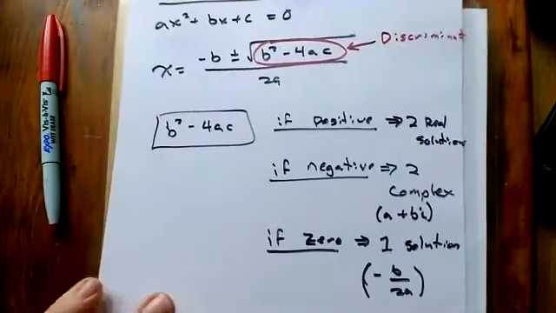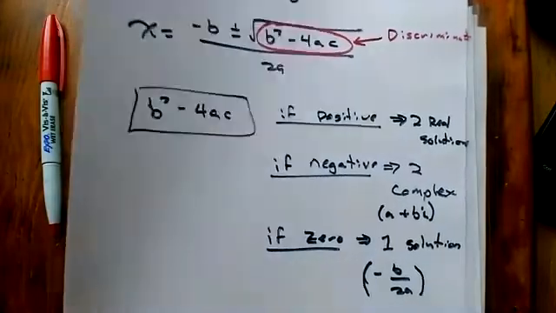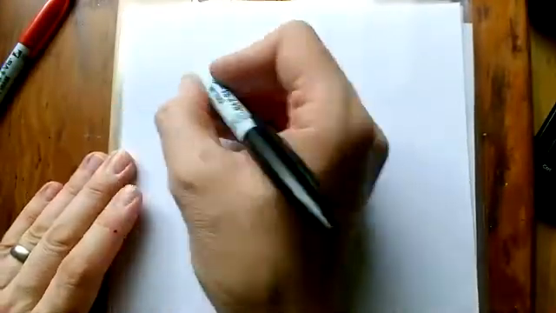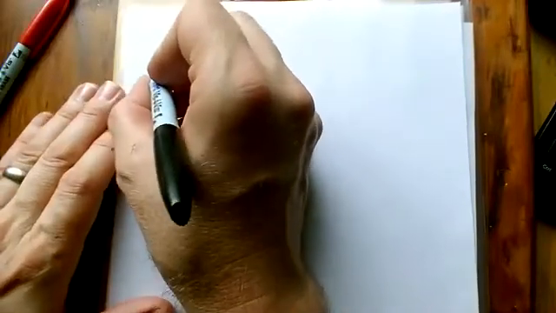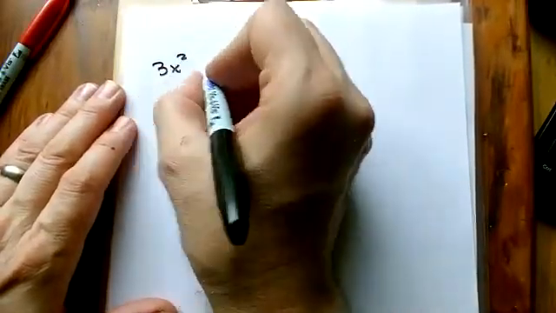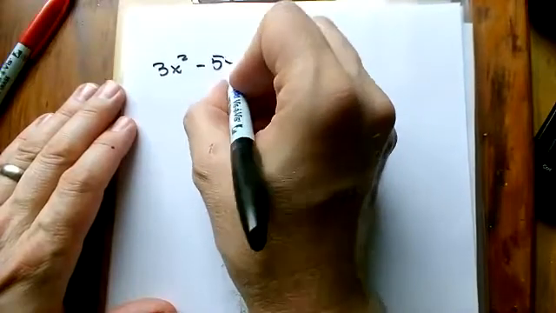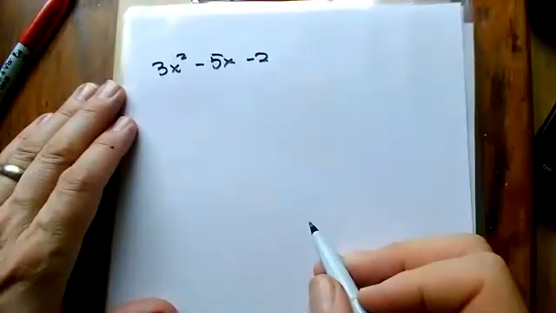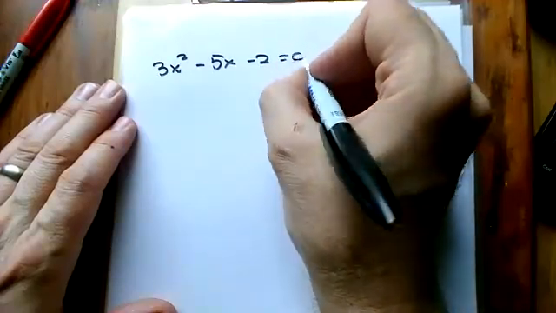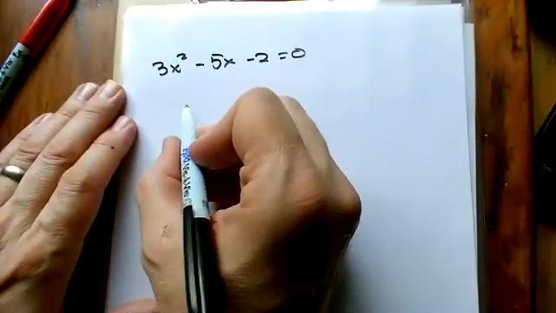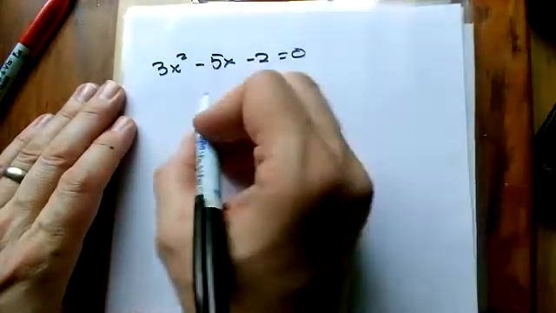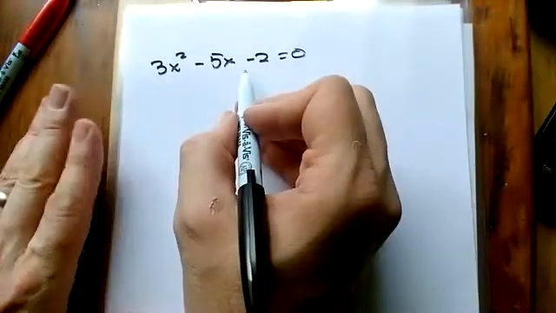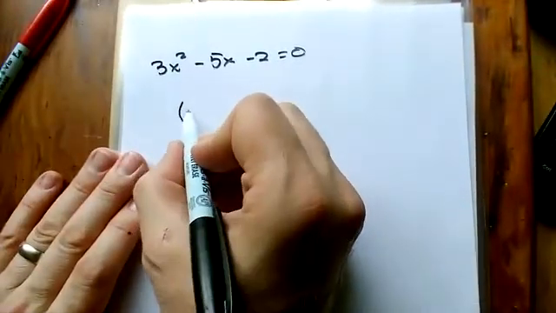Let's go ahead and do some examples. So I'm going to start by finding the number and type of solutions for something like this. I'll do 3x squared minus 5x minus 2 is equal to 0. Remember, I'm only going to find the number and type of solutions. So b is -5.